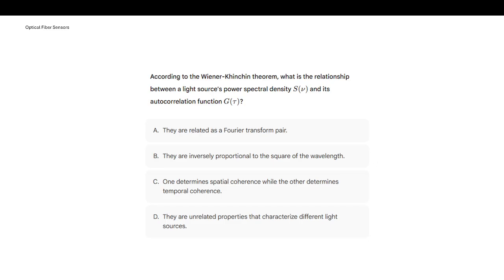Option A is they are related as a Fourier transform pair. Option B, they are inversely proportional to the square of the wavelength. C, one determines spatial coherence while the other determines temporal coherence. And option D, they are unrelated properties that characterize different light sources.